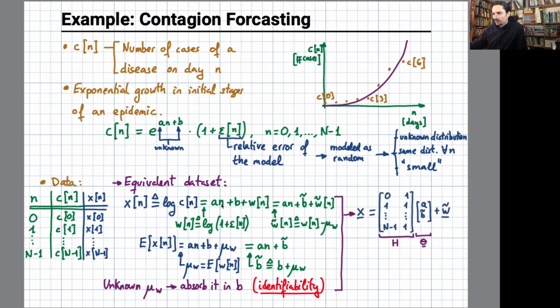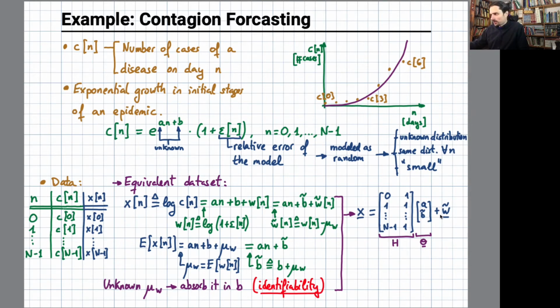So now stacking these samples to form the data vector x and arranging these numbers in vector-matrix form, we come up with this equivalent expression here, where we can recognize that this is the vector of parameters that we want to estimate, and this would play the role of h in what we have discussed today.